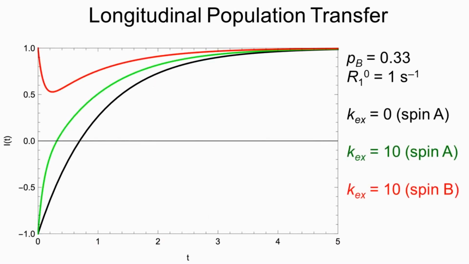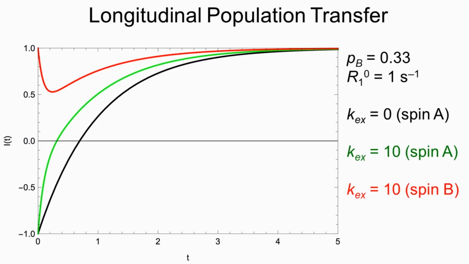That's indicated here. So I picked a population of 1/3 for state B, 2/3 for state A, gave both spins the same R1, and now we can simulate what happens if I invert the Z magnetization for spin 1. And if there's no chemical kinetics, we just get inversion recovery. The black curve just shows recovery of spin 1's magnetization back to equilibrium.